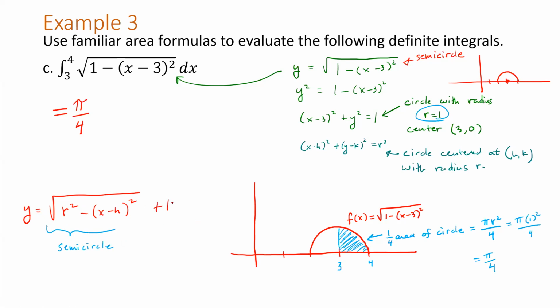You might even have some plus k out here if it's shifted elsewhere, but if you don't have that, this is just a semicircle. Okay, you guys have any questions about this one?